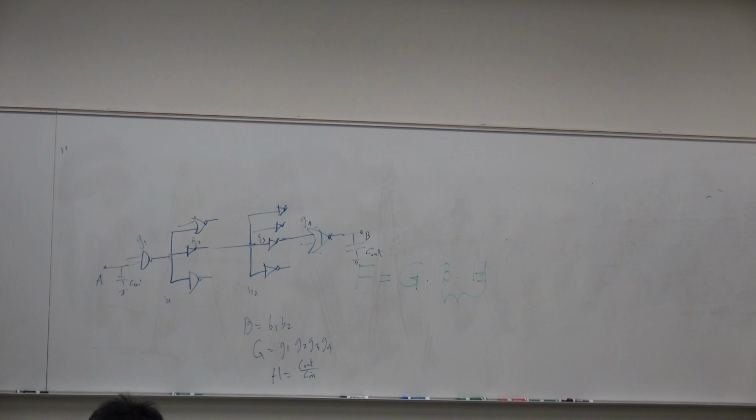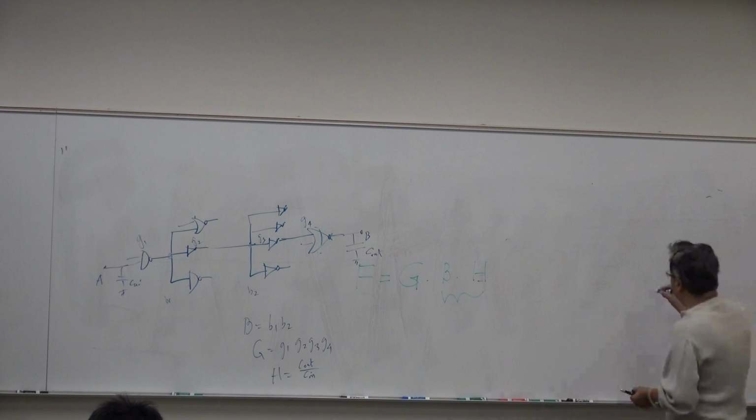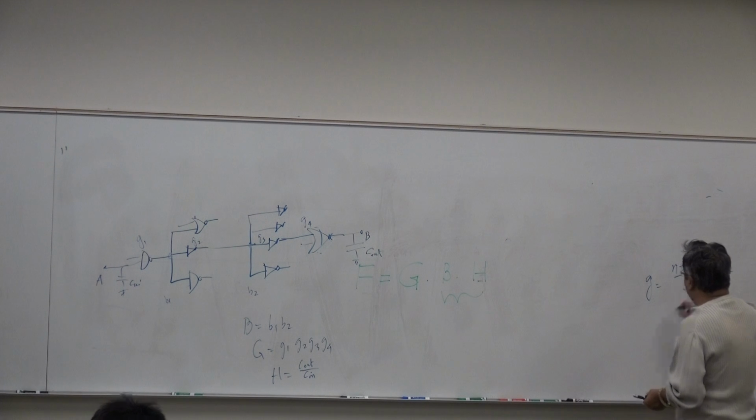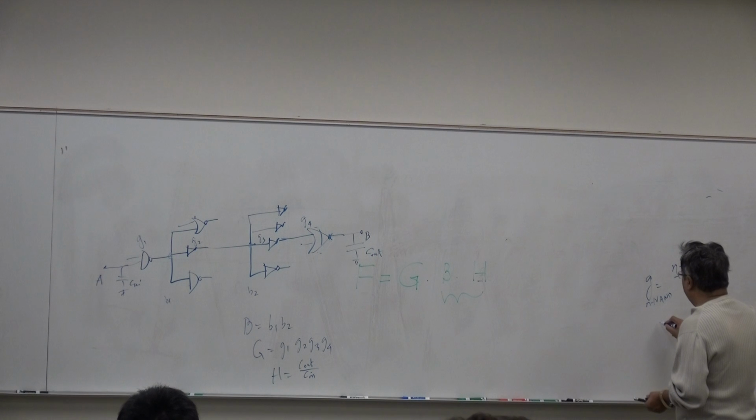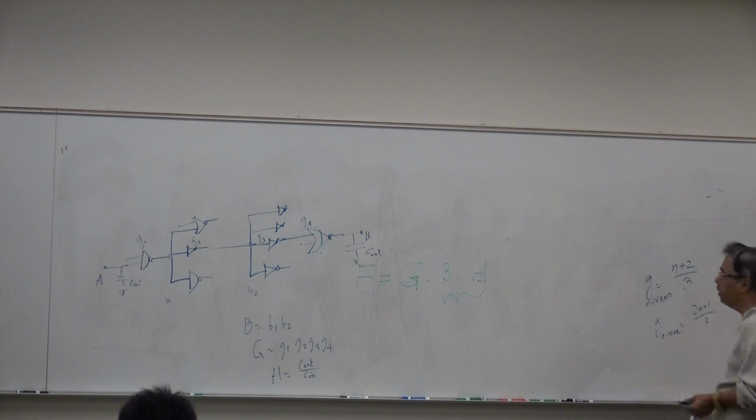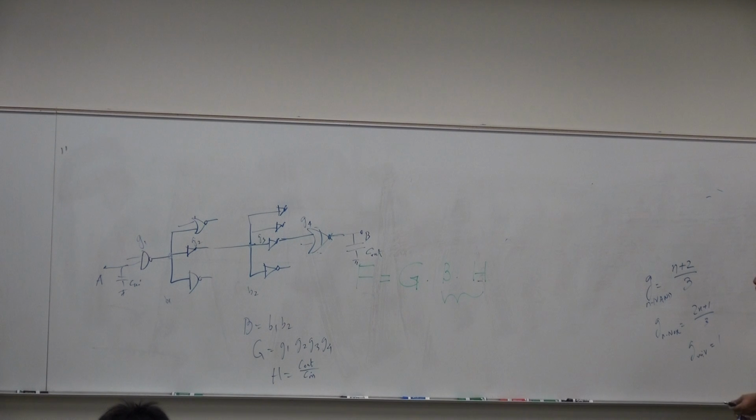We know the NAND gate, there G is given by N by 2 by 3 and NAND, N input NAND and N input NOR is given by 2N plus 1 by 3. And inverter is 1. So looking at the gates, we can compute this G over here.